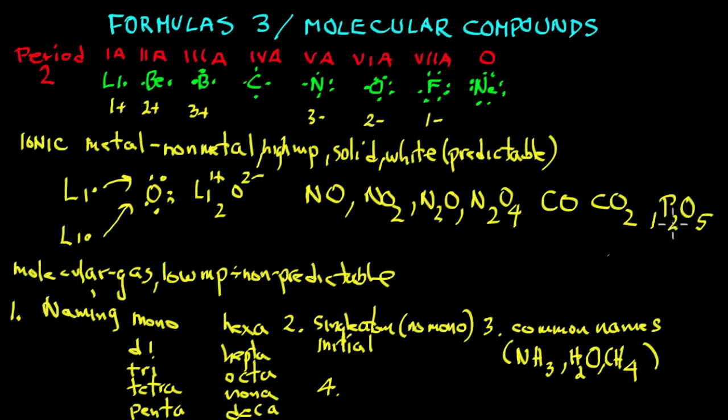If it is phosphorus PCl5, it'll be phosphorus pentachloride, because chloride starts with a consonant. The consonant you follow through with the A's. Simple rule.